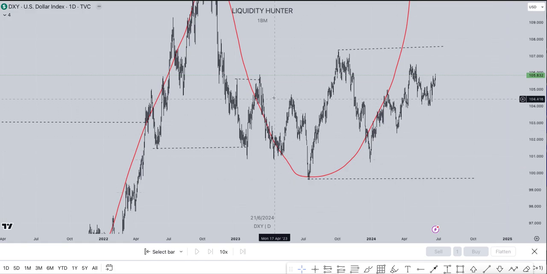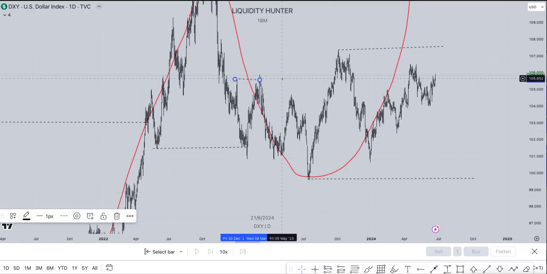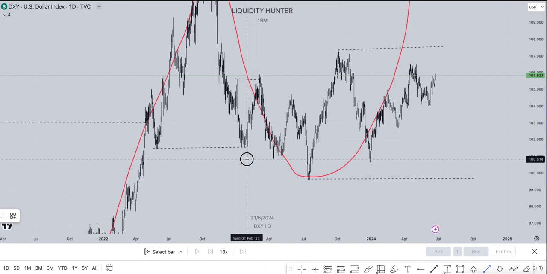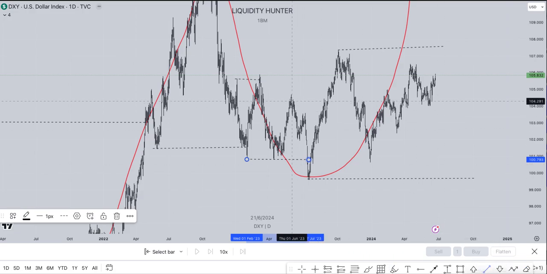Now to continue, liquidity collected here. What do we have here? A break in structure now. After a break of structure, price came, did what? Pushed to the upside again. Collected liquidity.